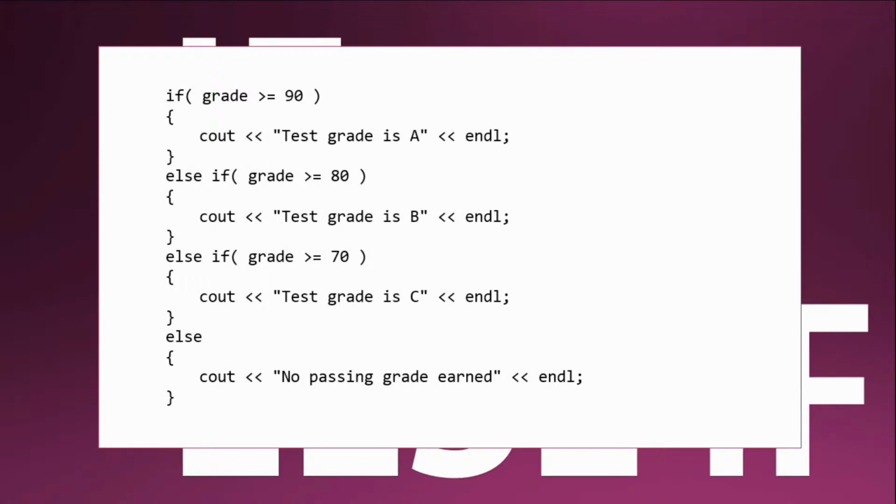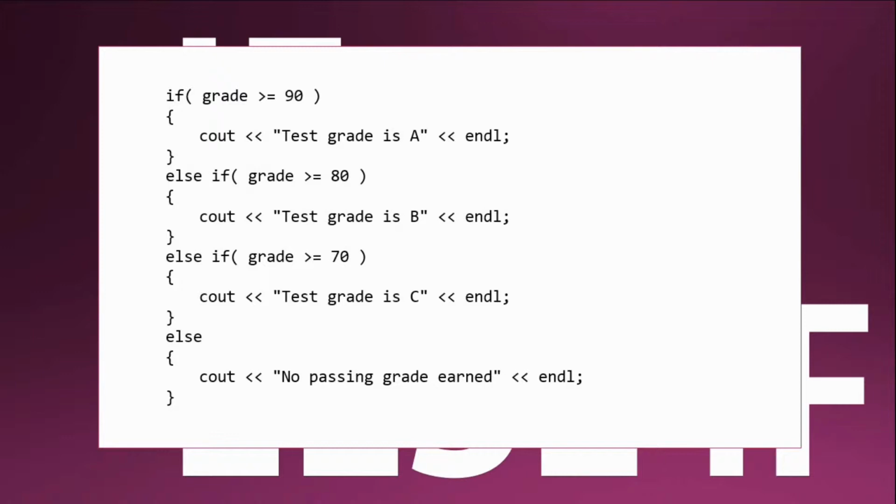If we trace this down from the top, if our variable grade is greater than or equal to 90, we're going to output the message test grade equals A. Else if, so rather than just the else clause, which gave us only the second option, we're saying now evaluate yet another logical condition. Else if grade is greater than or equal to 80, process this, test grade is B. Else if grade is greater than or equal to 70.